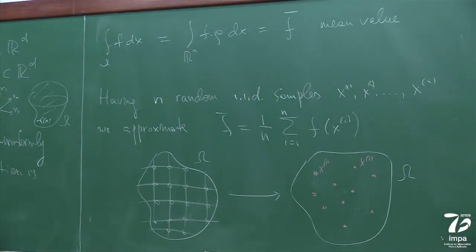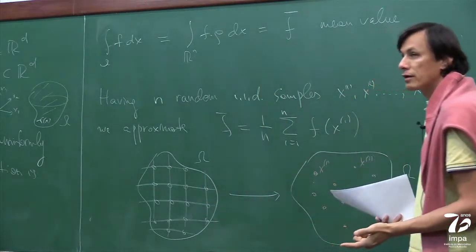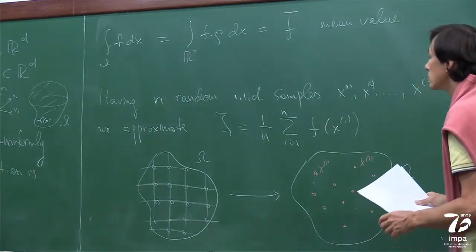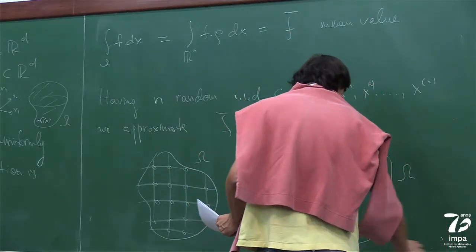And that's the whole difference. We know that in both cases they will converge: the more points you take, the closer they get to the exact value of the integral, but they will converge differently. In the first case, we know how it's converging. Now we need to compute how it converges in the case of random points. This is what's called Monte Carlo.